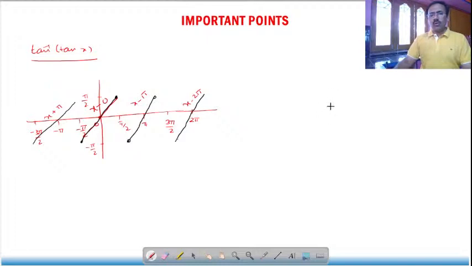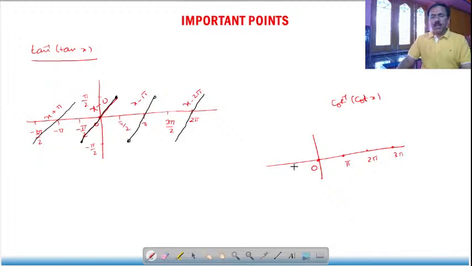Now if you want to go with the cot inverse of cot x graph, it will be just like cos inverse of cos x, because you just plot only the pi's: 0, pi, 2 pi, 3 pi, minus pi, minus 2 pi.